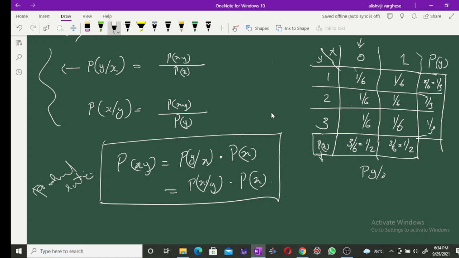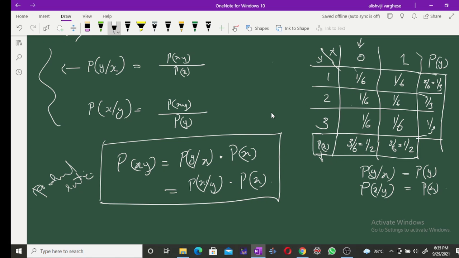And if p of y given x is equal to p of y, and p of x given y is equal to p of x, then we usually refer to the variables x and y as independent random variables.